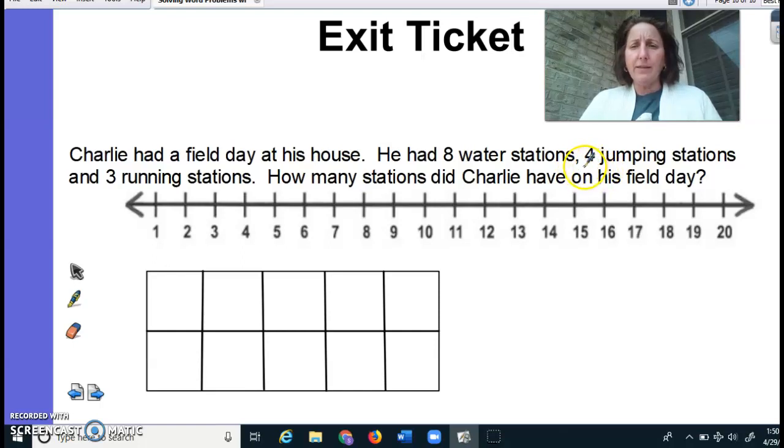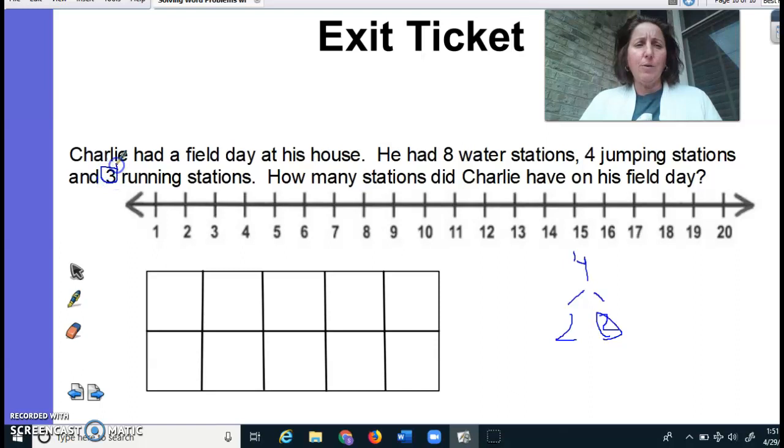Now, if you had your 4 and you broke it apart, and now you made a 2 and a 2, now you could find a combination of 10, but then you have to remember you still have to add this one, this 2, and this 3.